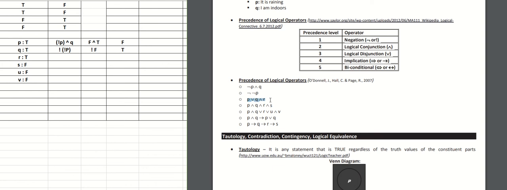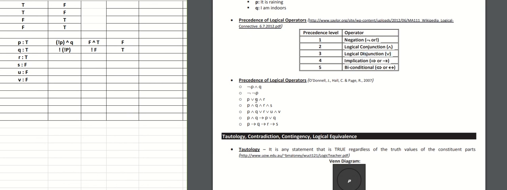Let's try this: P or Q and R. As you can see, we have two operators, the OR and the AND operator. Based on the precedence level, we first get the AND operator before the OR operator.